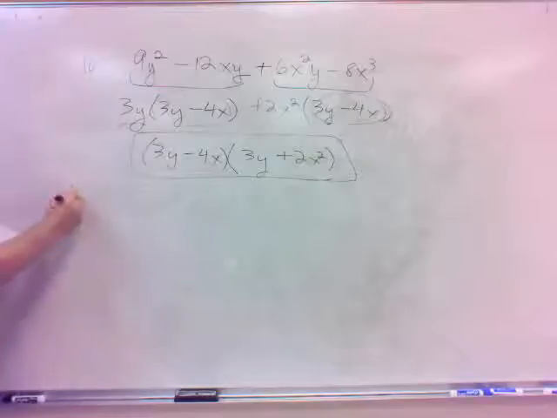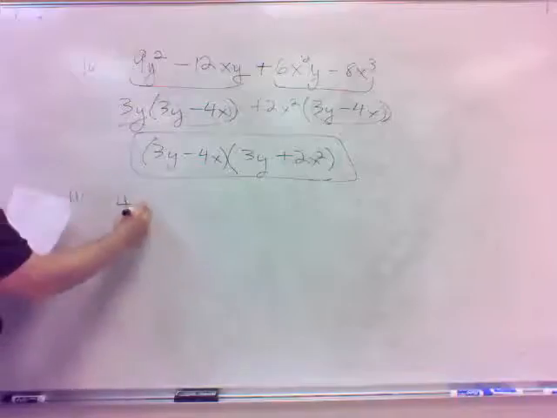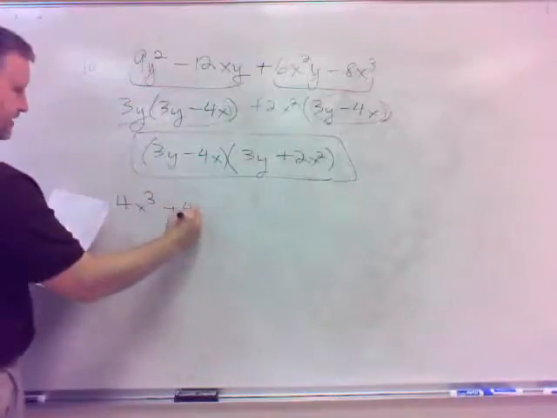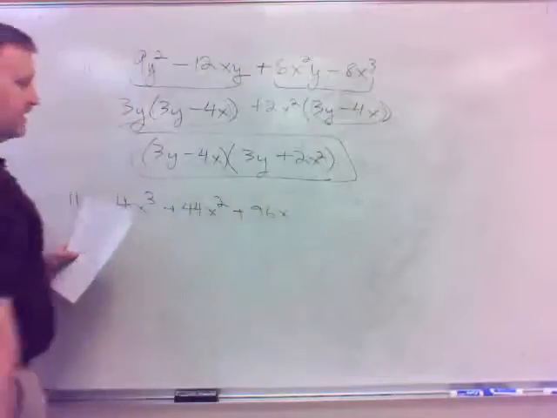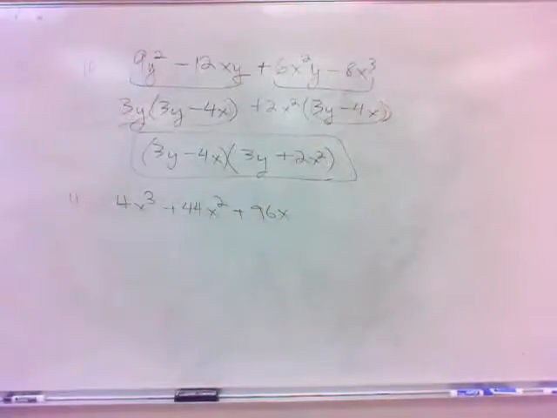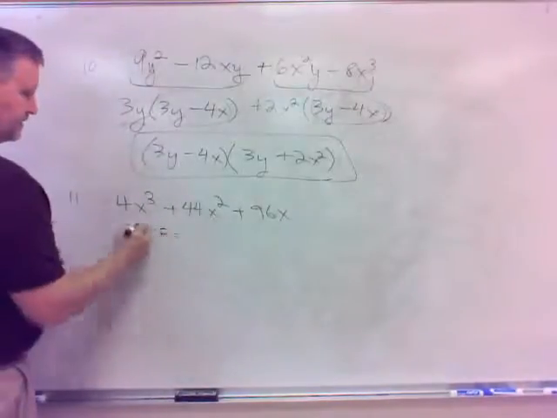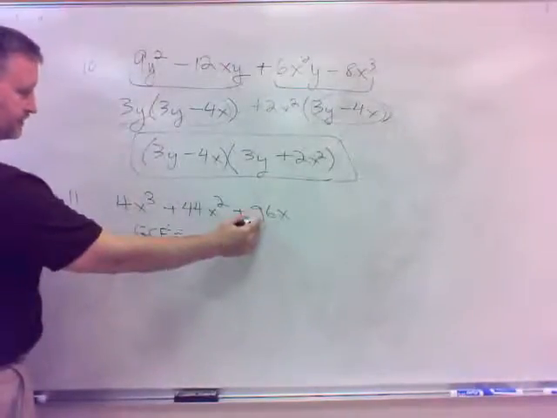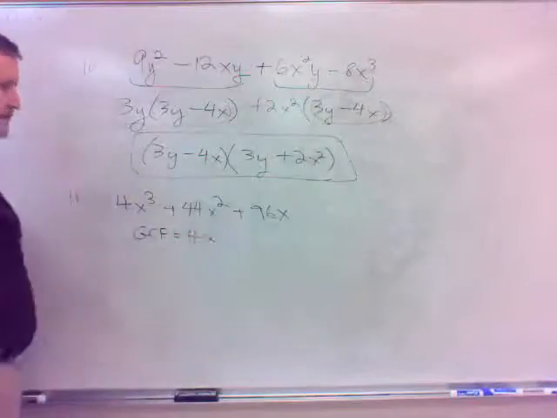All right, number 11. What do we got there? Well, let's say factor completely. A little hint, I guess. 4x cubed plus 44x squared plus 96x. Yeah, this one starts with a little GCF, isn't it? 4 goes into all of them, I believe, doesn't it? 4 and x, 4x common factor.